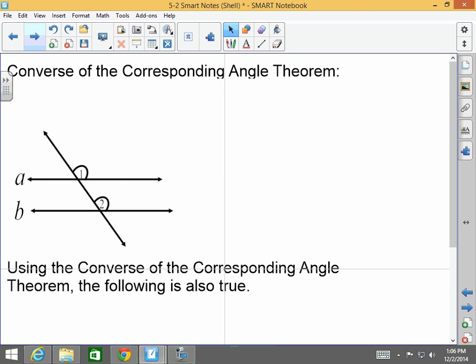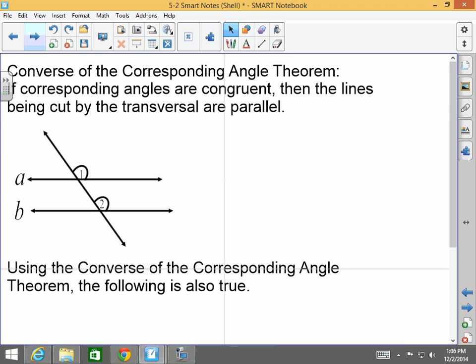Converse of corresponding angle theorem. If corresponding angles are congruent, then the lines being cut by the transversal are parallel. Short form, corr angles congruent, then parallel lines.